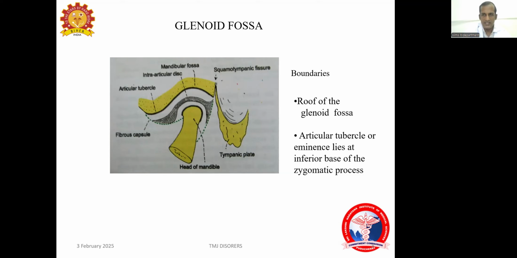If there is attrition of the articular eminence, there will be a varied range of jaw movements. In lateral movements, the patient will exhibit painful clicking when opening or closing the mouth. It can extend to the ears also, with ringing in the ears, hearing loss or dizziness. And it will end up with a deranged occlusion.